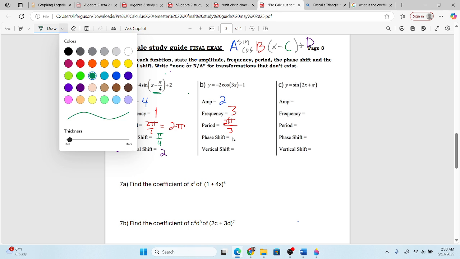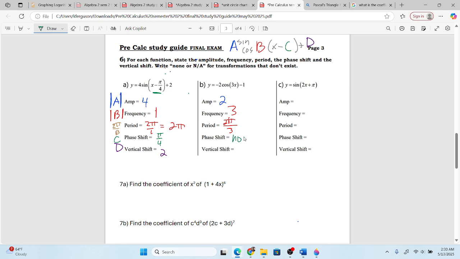And then phase shift is the number in the parentheses that's added or subtracted. Well, there isn't one. So that's none or NA. Make sure you follow directions. Write none or not applicable, N/A, for transformations that don't exist, or that are in essence 0. Right? Vertical shift is just -1.